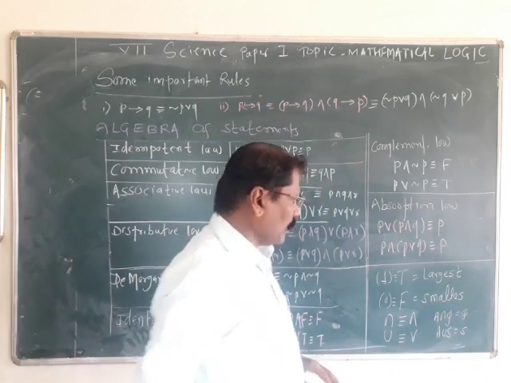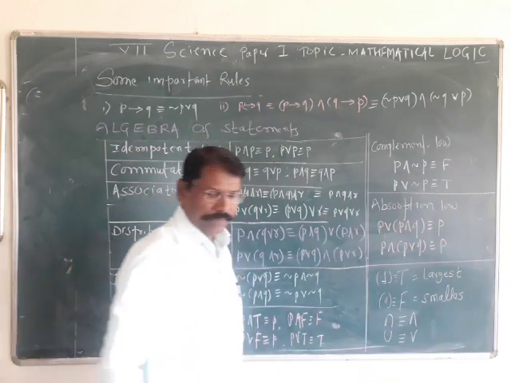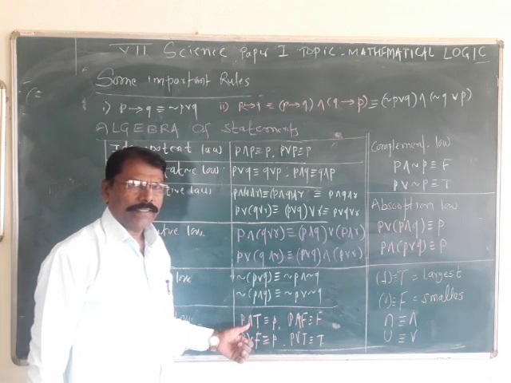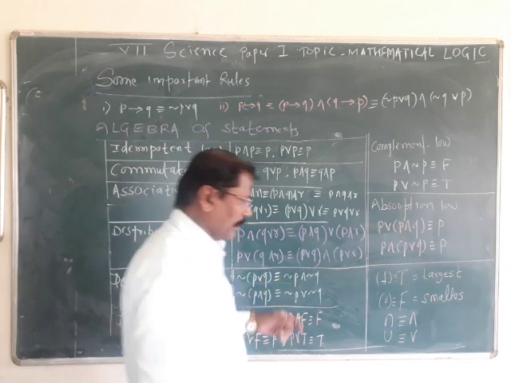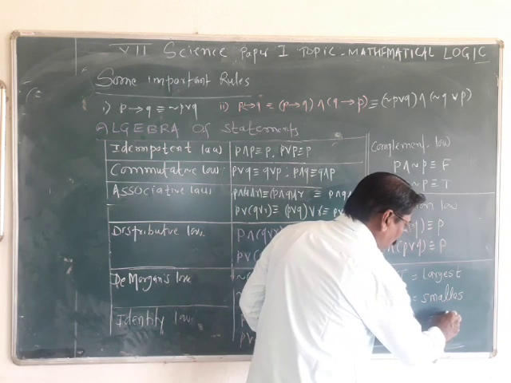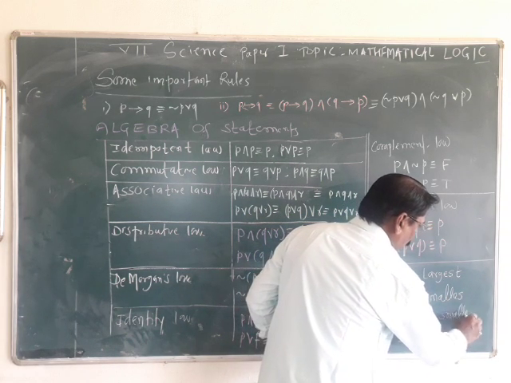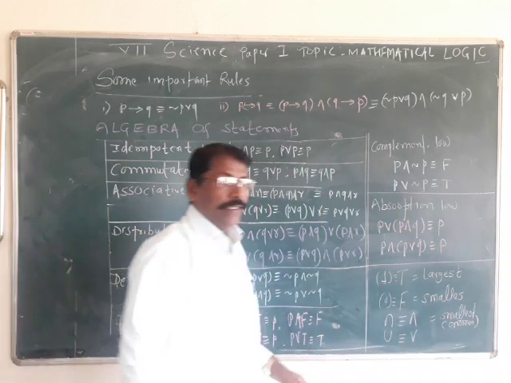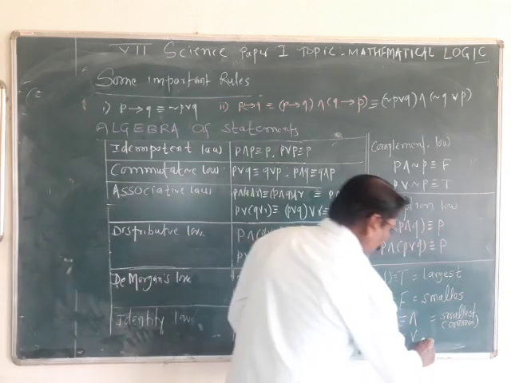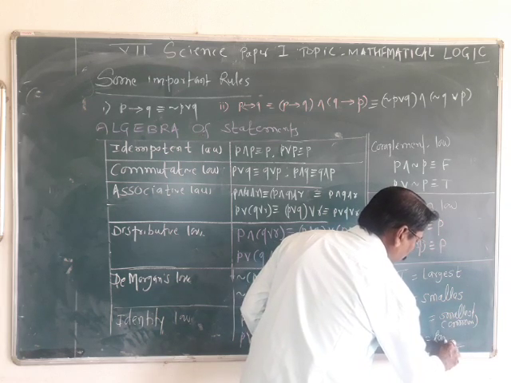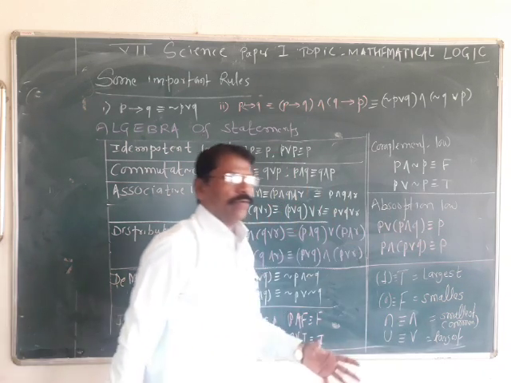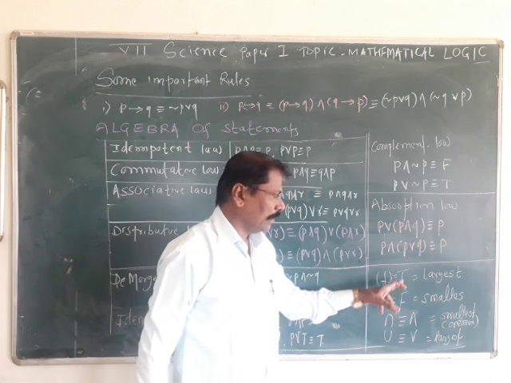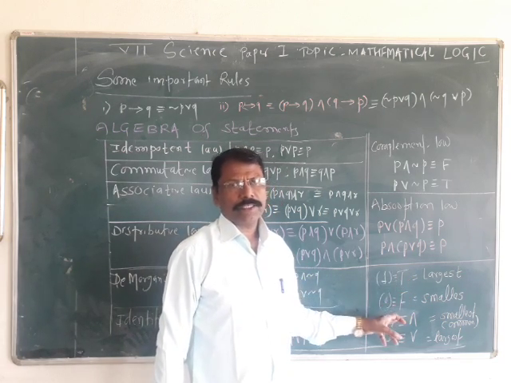So nearly close to the set theory. So P and T, as I told you, AND is intersection. Intersection is to find the smallest, that is the only common part, and union is a combination. Union is to find the largest, or you can say combination. So in the logic theory, T is the largest, F is the smallest.